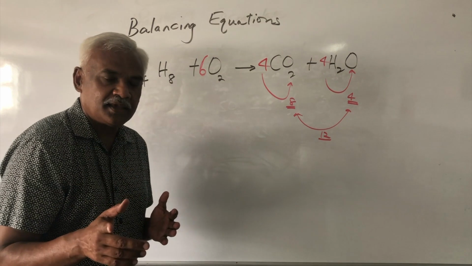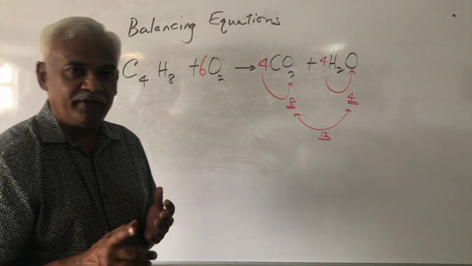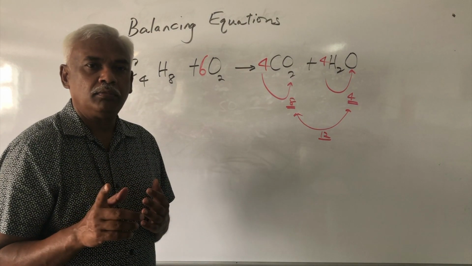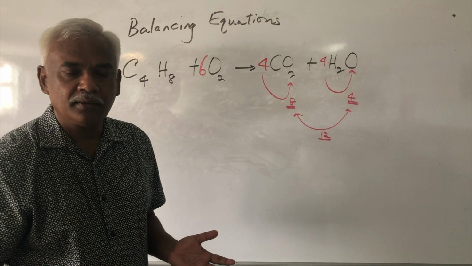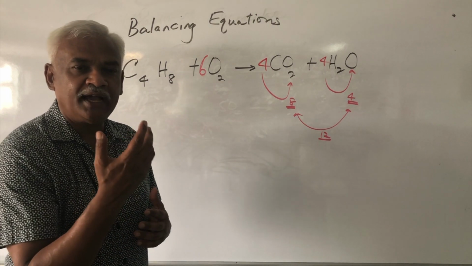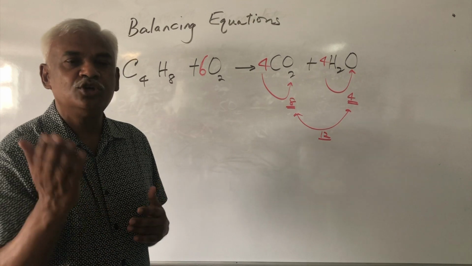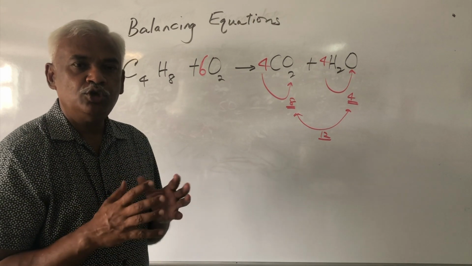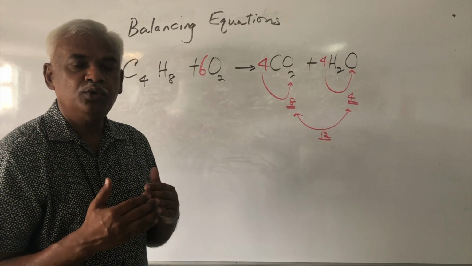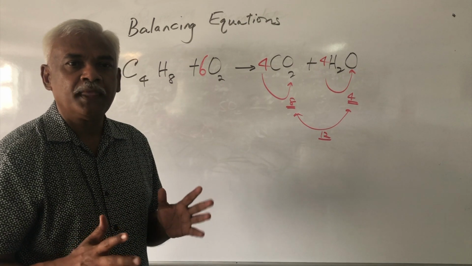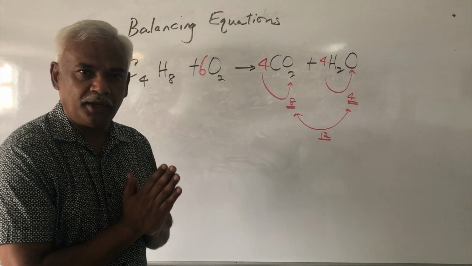So in this lesson, we've covered 1, how to write a chemical formula. That is, you look at your cations and anions, you draw the cross, you record the numbers, you then interchange the numbers, and you have your chemical formula.